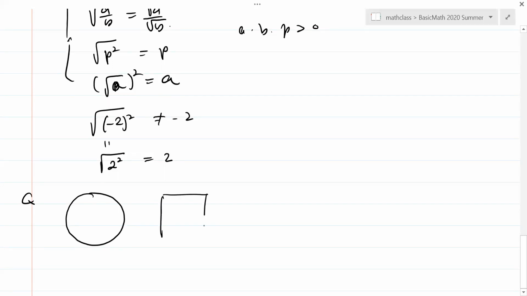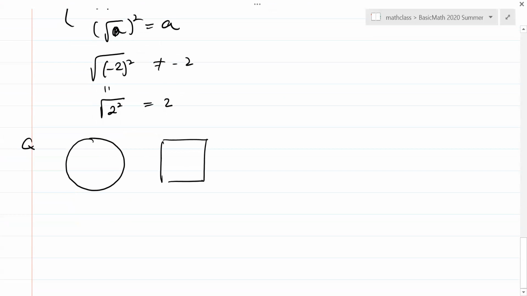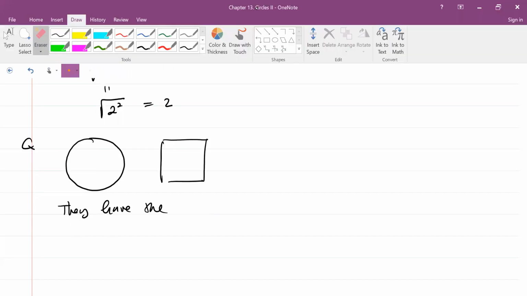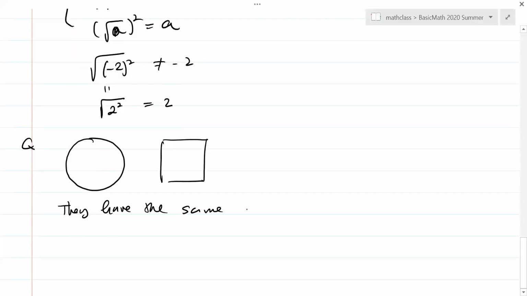So these two have the same perimeter. Of course, the perimeter of the circle is called the circumference, which is a different name. Then we just assume that they have the same perimeter. What is the ratio of the areas?